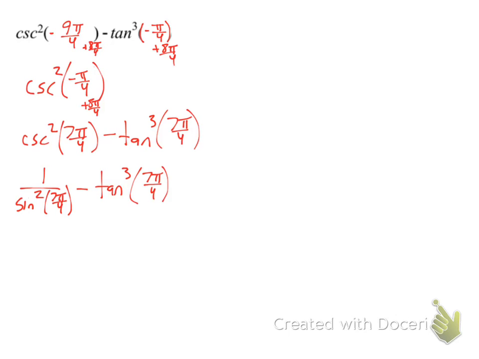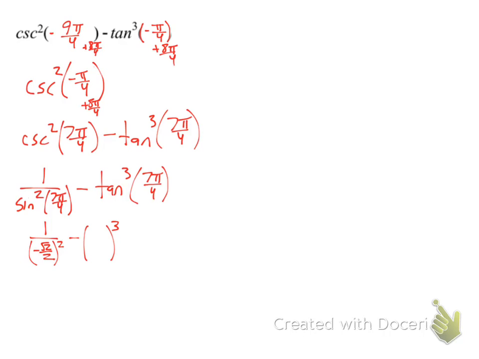Now we can go to the unit circle, and we have to evaluate sine and tangent at 7 pi over 4. At 7 pi over 4, what's the sine value? It's 1 over negative square root of 2 over 2, squared, because it is sine squared. Minus, we know it's going to have to be cubed.